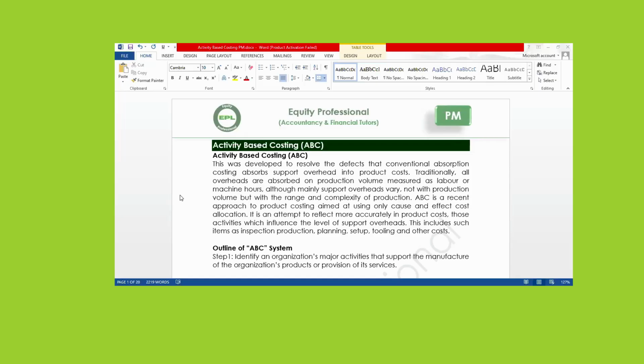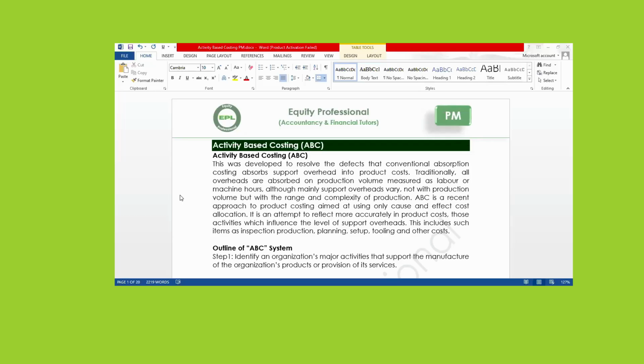There are two methods of accounting for overhead costs. We have the traditional absorption method.